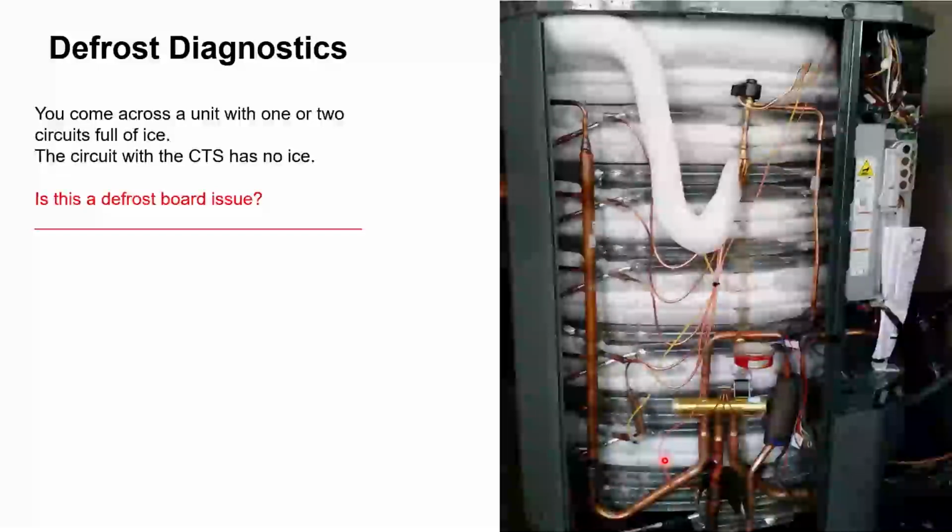Now, with the variable speed products that's shown here, we actually worked with the factory back in 2014, and we now have a low, medium, and high defrost temp. Low is the factory setting at 47, high is 60, and medium is at 53 degrees, about halfway in between the two.